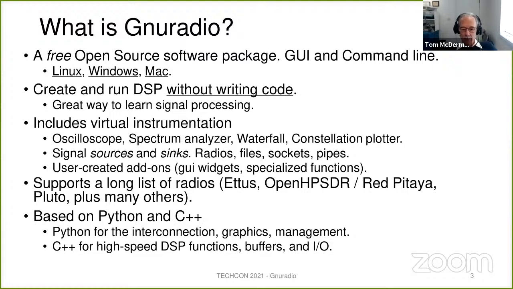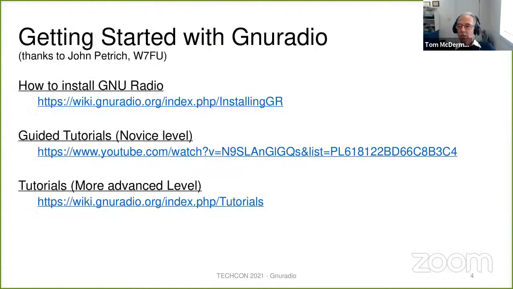All of the high-speed processing is done in C++. So all the digital signal processing modules, all the buffers, all the file and radio I/O is done in C++. And you don't really need to know how to do that because it's all under the covers and built into GNU Radio. So this is a good slide that John Petrich, W7FU, put together.